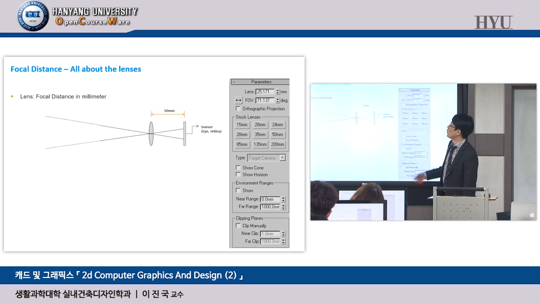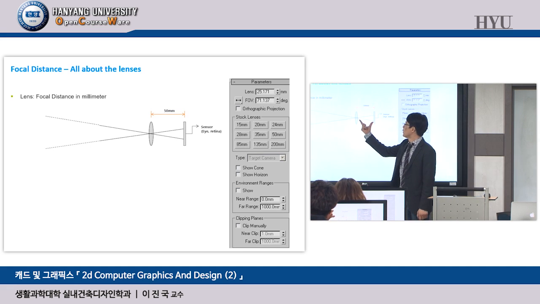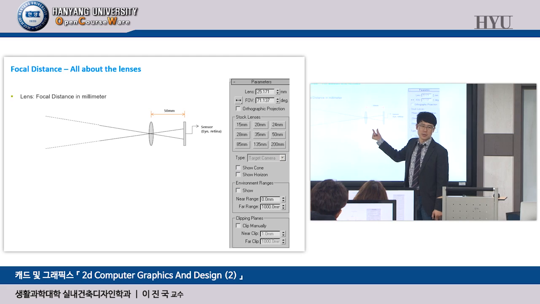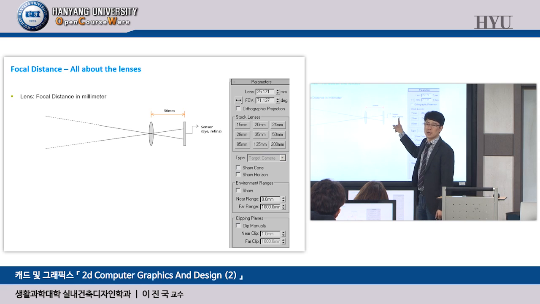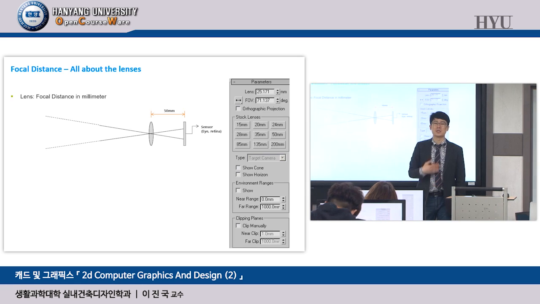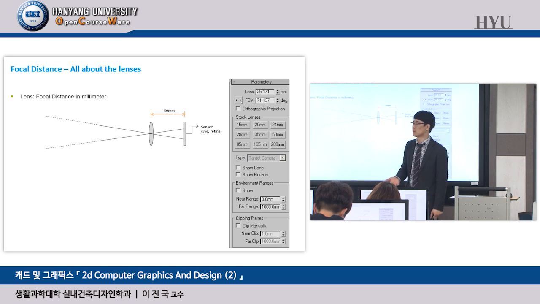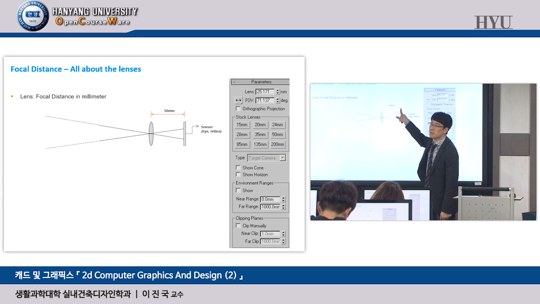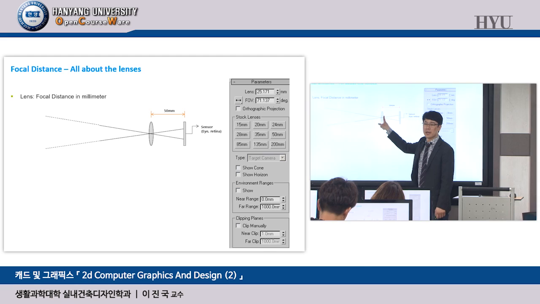So let's take a look at why. Take a look, 50 millimeter focal distance. Focal distance here means there is the retina, human eye, or we can say sensor, because we are dealing with this in a digital camera, okay, DSLR. So this is the sensor, the image sensor, and there is the lens.